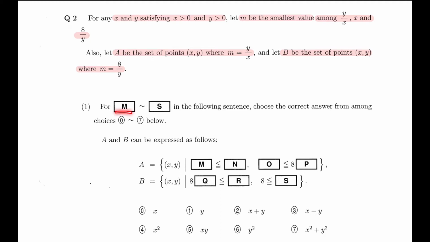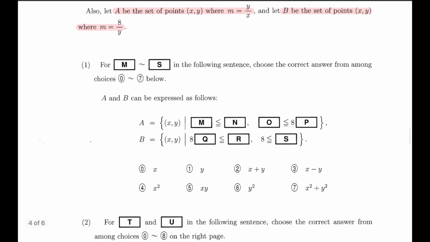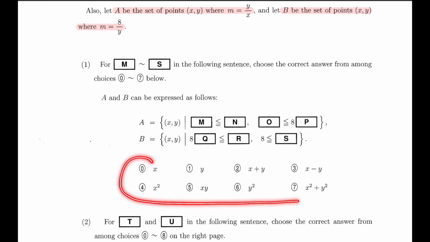For the letters M until S in the following sentence, choose the correct answer from among choices 0 until 7.